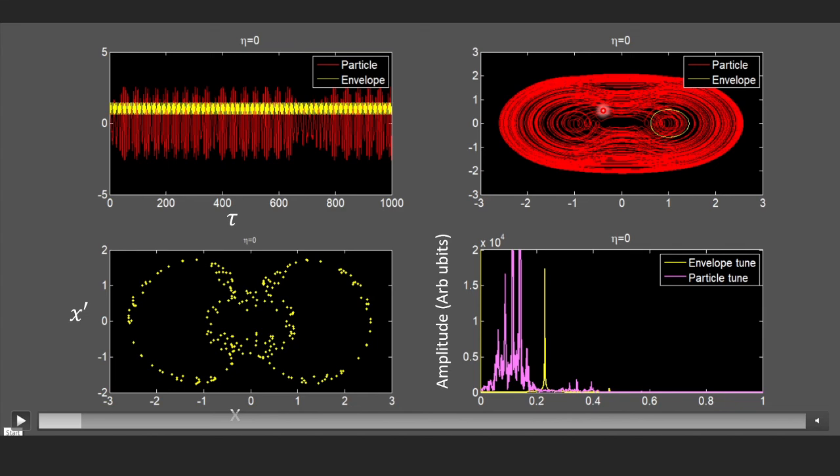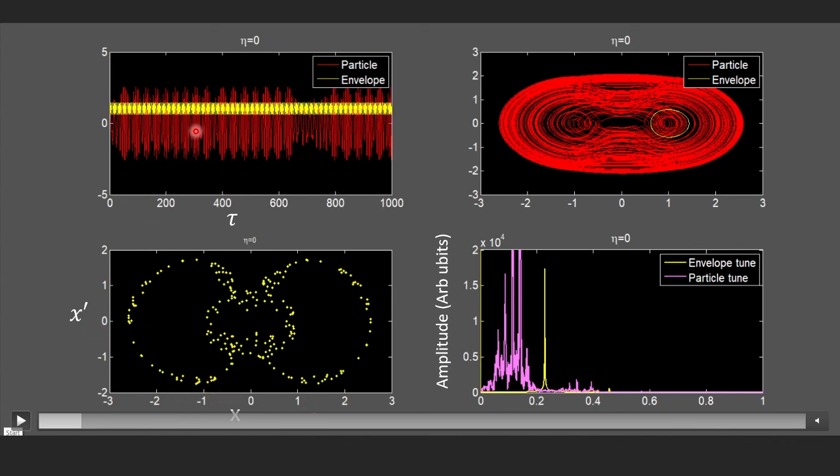But what we can do is plot a Poincare plot. And how do we do that? We try to locate the minima of this envelope oscillation, and at every minima of small r we plot the value of the particle oscillation, x on the x-axis.